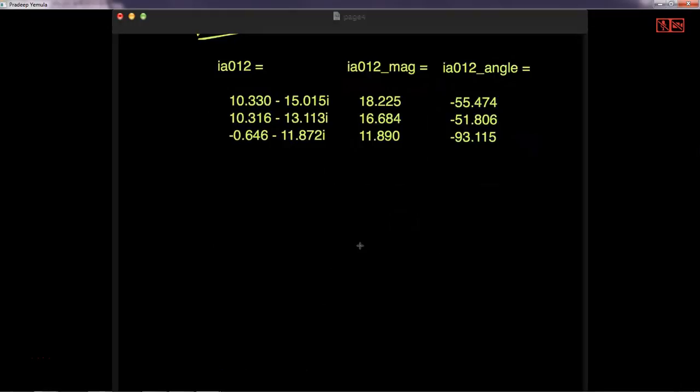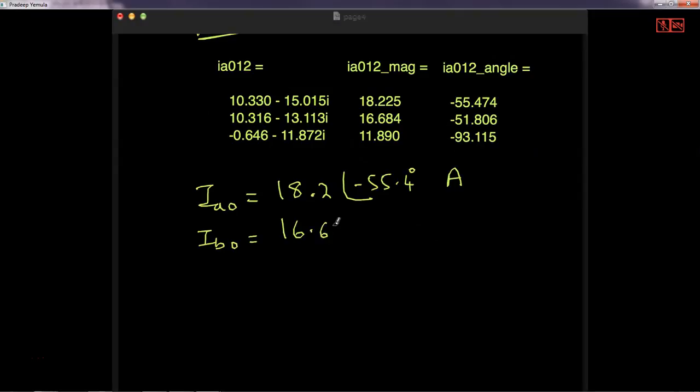Therefore, IA0 is nothing but 18.2 at minus 55.4 degrees. This is the neutral, that is the zero sequence current. And then IB0 is nothing but 16.68 at minus 51.8 degrees.